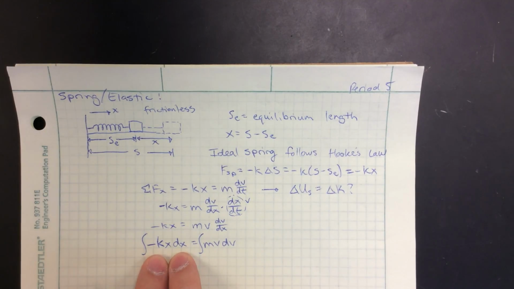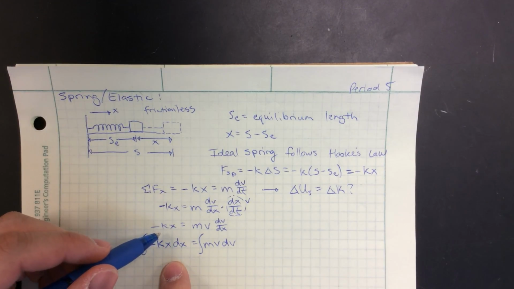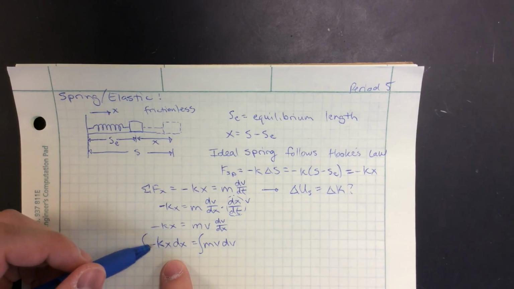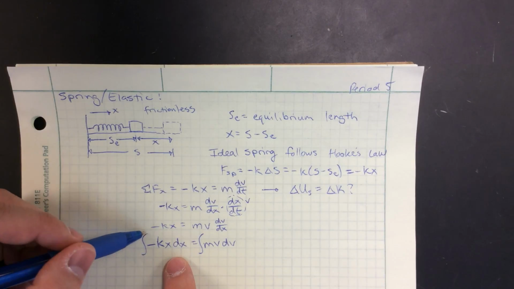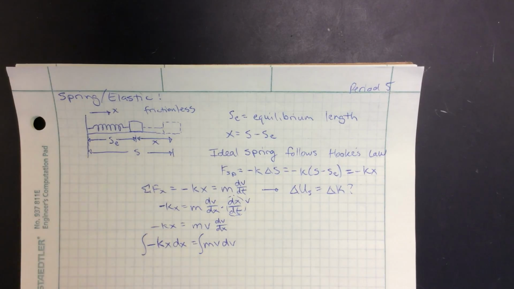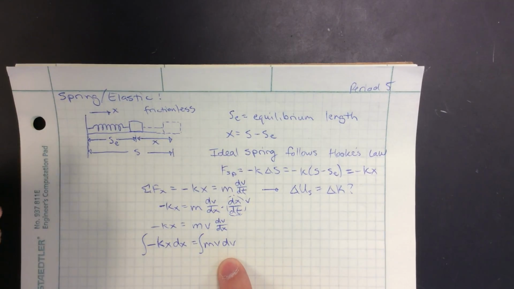Originally, the negative kx dx is one instantaneous slice of spring force and positional change. What I'm trying to do is add up the net effect of all of those positional changes, the same way I'm trying to add up the net effect of all these velocity changes.